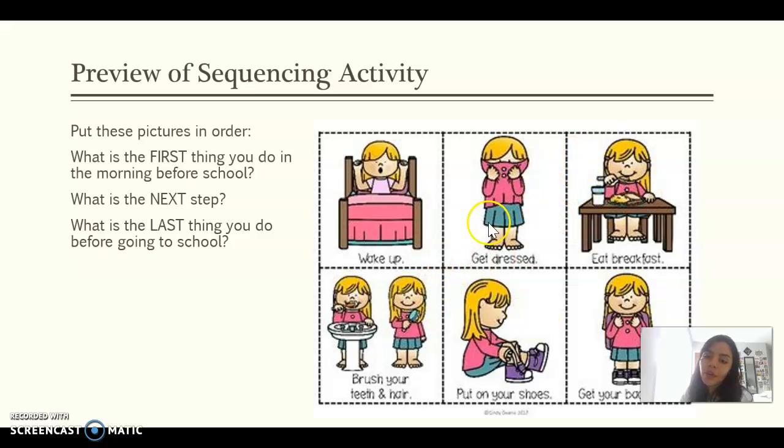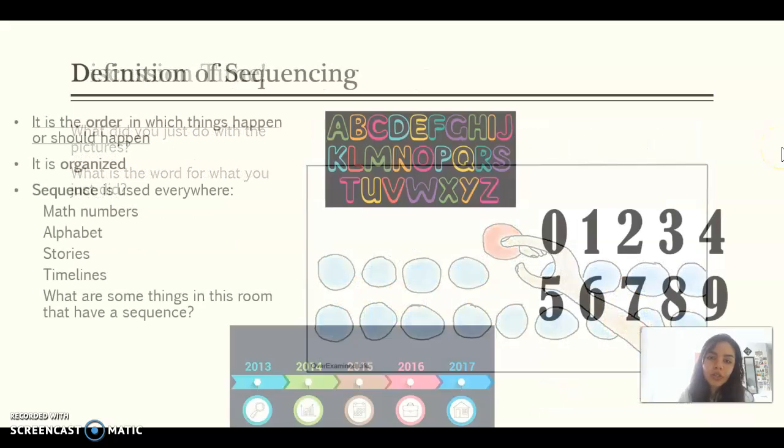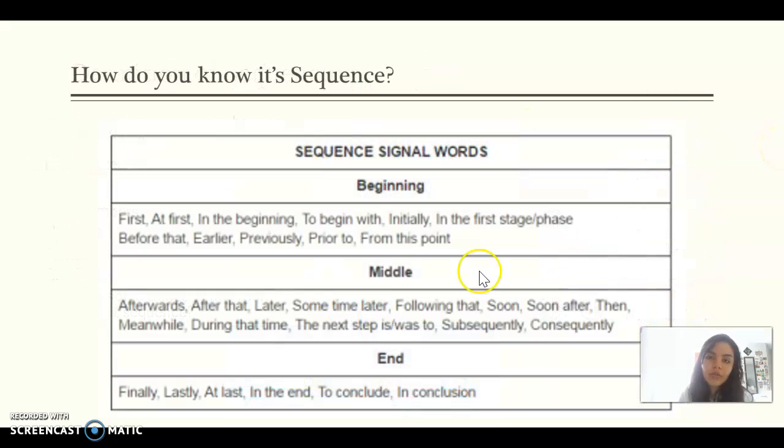These are in the middle because after the first thing I do, this is what I do. I probably give a better explanation, and then this is the end because this is the last thing I do before actually going out onto the bus or in my car, right? So that's how I would point out how to use these sequence words.